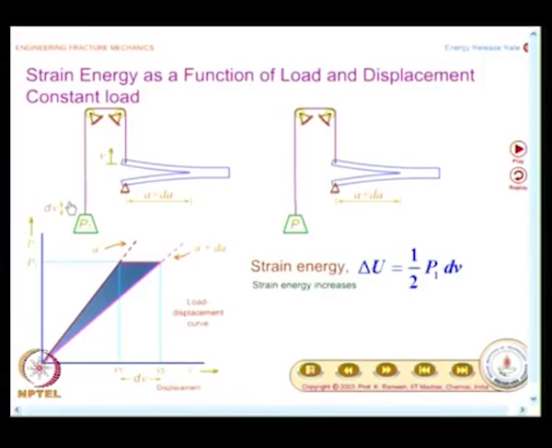All along we have been seeing the load is gradually applied, but what happens in this case is slightly different. When the load P1 is reached, suddenly the crack has jumped to A plus delta A, but the load has remained the same. It has had a displacement of dV.